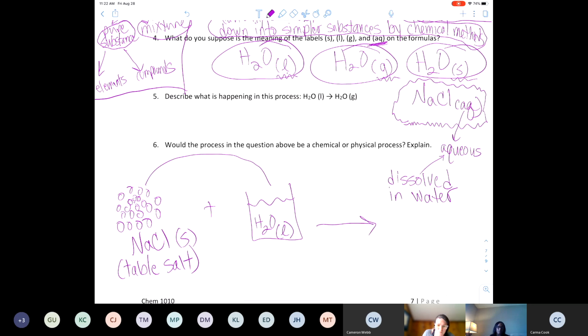I'm going to put the salt in the water and stir. Now I have a saltwater solution that I can call an aqueous solution of sodium chloride, because that sodium chloride is now dissolved in the water. So aqueous means that the substance is dissolved in water and you have an aqueous solution.